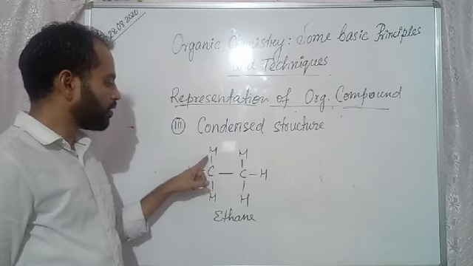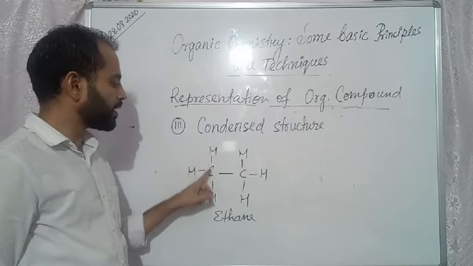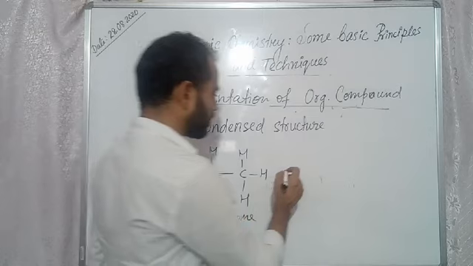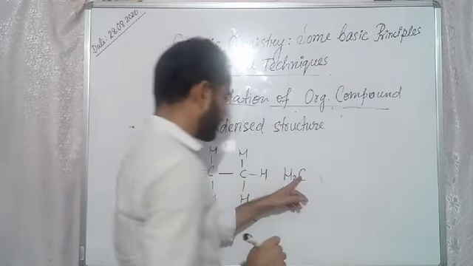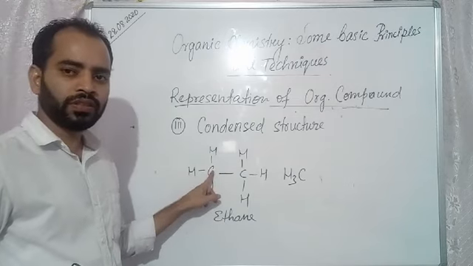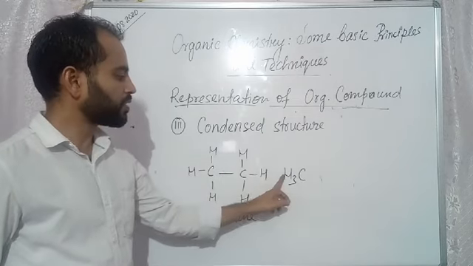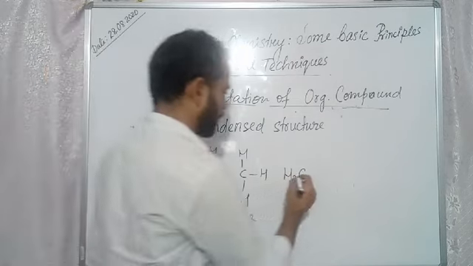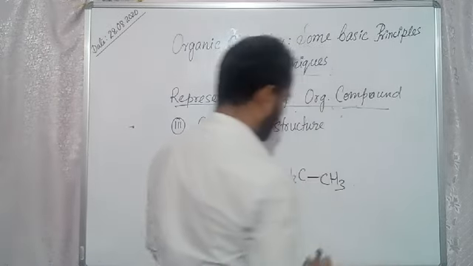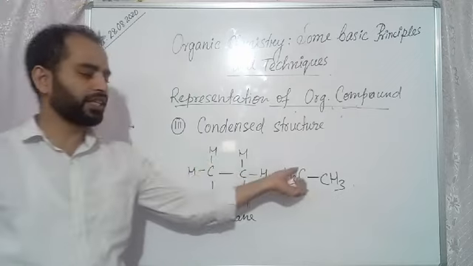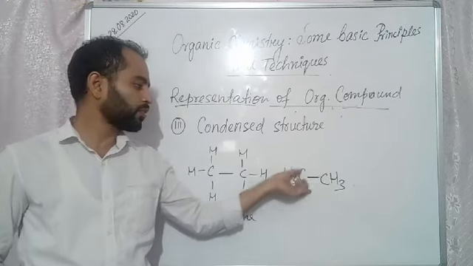We will not show the bond between this carbon and hydrogen. That means we can write it like this. CH3 means with this carbon 3 hydrogens are there. So CH3, CH3. Now this space has been minimized and time is also saved. This is called condensed structure.